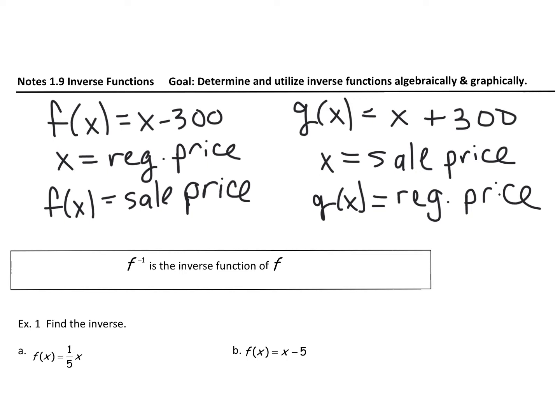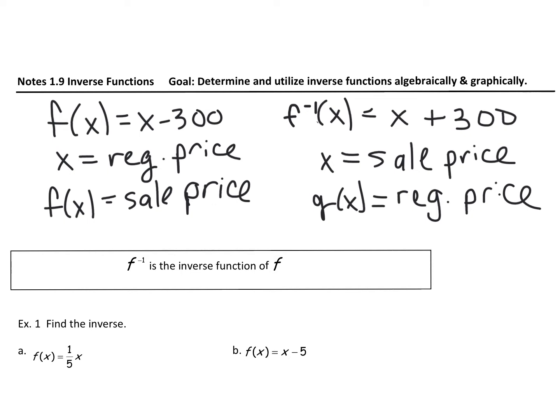Now, instead of this g of x notation, we're going to use this new notation for inverse functions, which is called f inverse. It looks like f to the negative 1. It is not. It is the notation where you say the inverse of f, or f inverse of x. Either way is fine. And that designates that these two functions are related by interchanging their inputs and outputs.